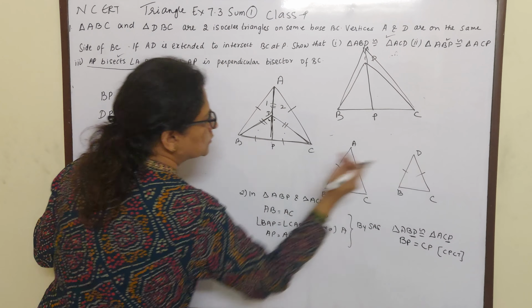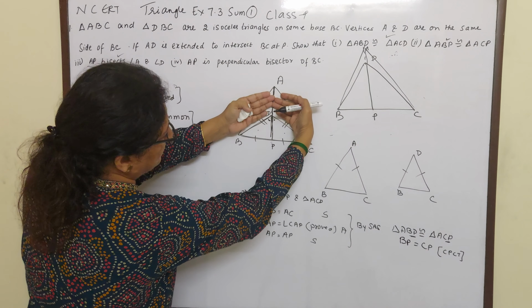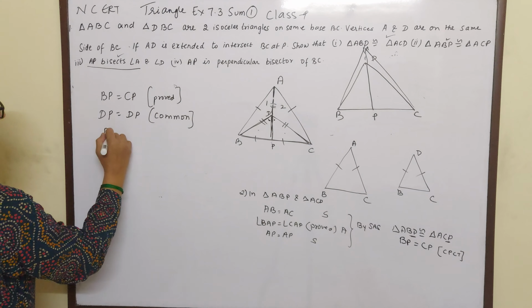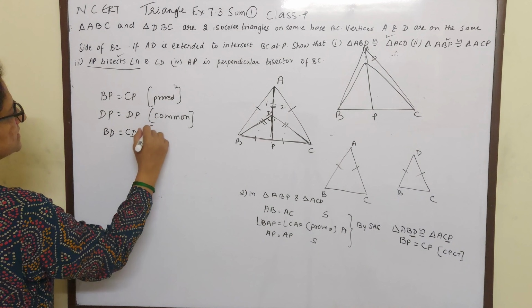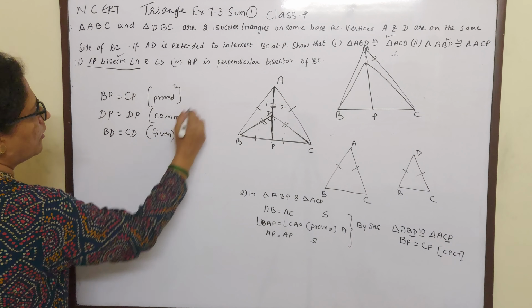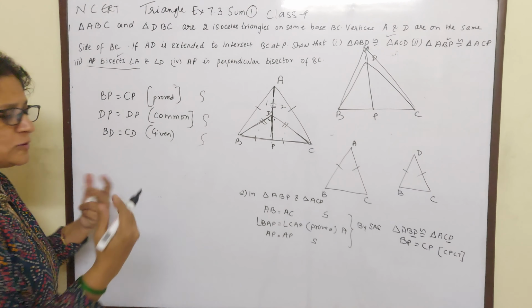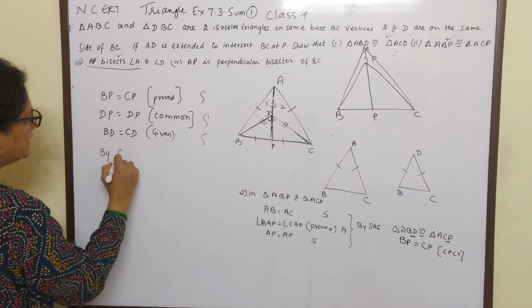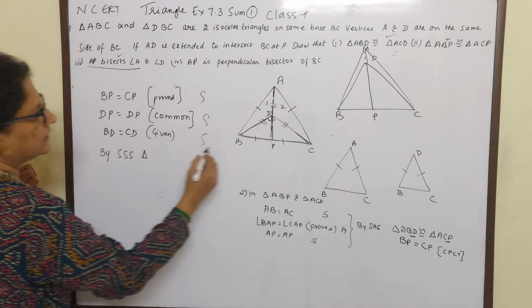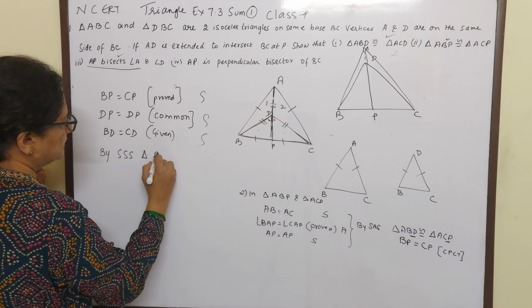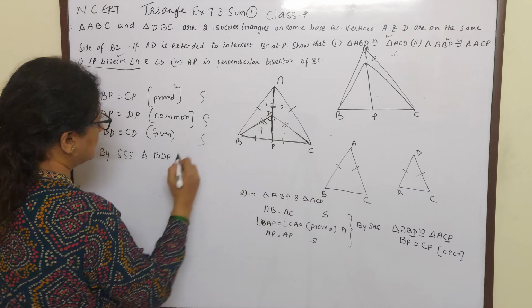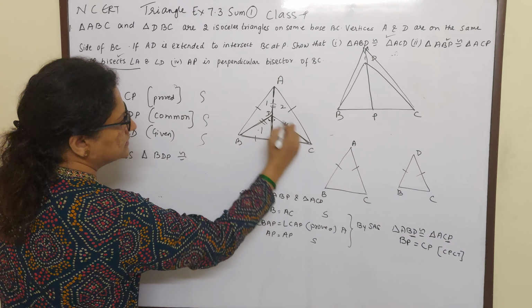Why? Because they are two sides of this isosceles triangle. This is given. So if you see, all are SSS. So we don't have to look at the pattern. So by SSS, triangle BDP, that is this triangle first, is congruent to triangle CDP.